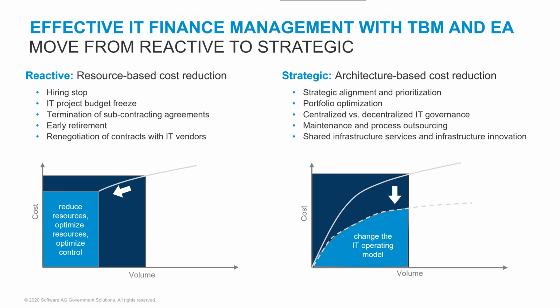And so you'll see this with maintenance and process outsourcing. You'll also see this if we could move toward a shared services approach where we leverage some of the services that other agencies provide. And we're seeing a lot of that these days.